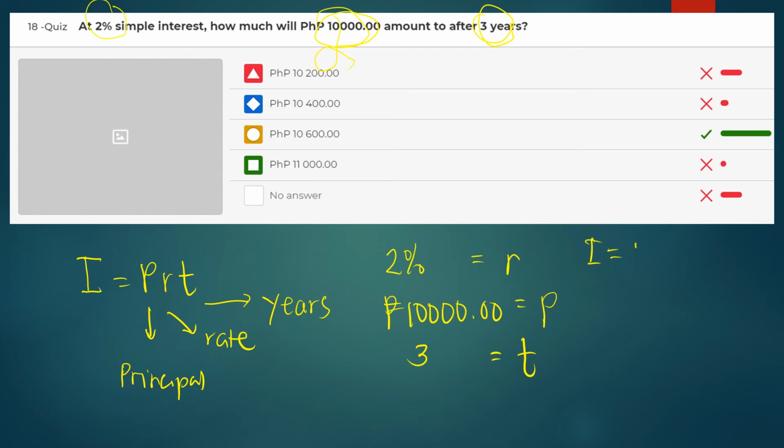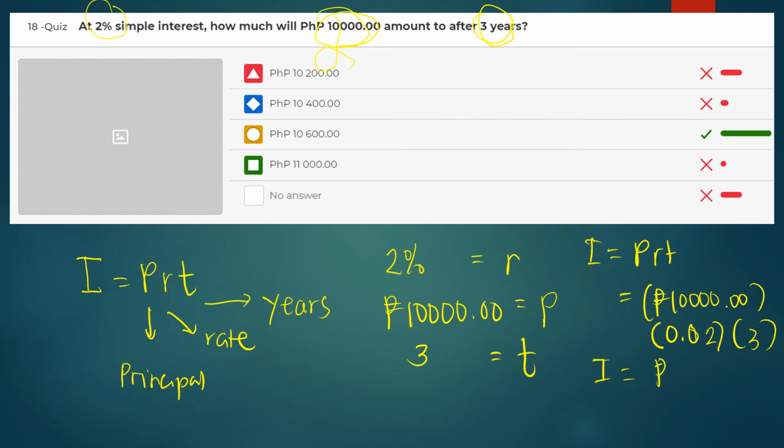So, we have I is equal to PRT. All we have to do is just substitute. So, we will be having 10,000 pesos times 2%, or in decimals that will be 0.02, and then our time will be 3. So upon solving, I will be equal to 600 pesos. Okay?